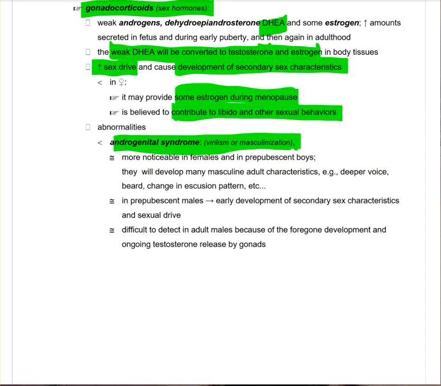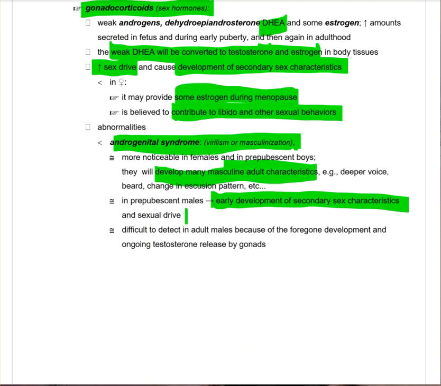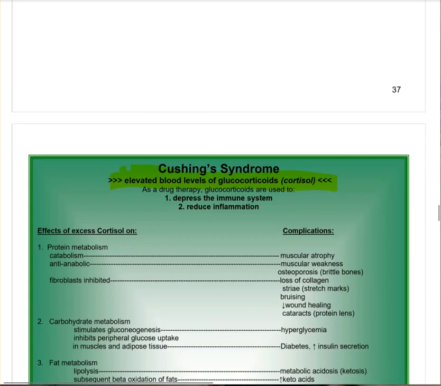And so if you were a female or a prepubescent boy, you might develop masculine adult characteristics, and early development of secondary sex characteristics and sex drive. All right, so that one kind of makes sense, and that's all we're going to talk about there.